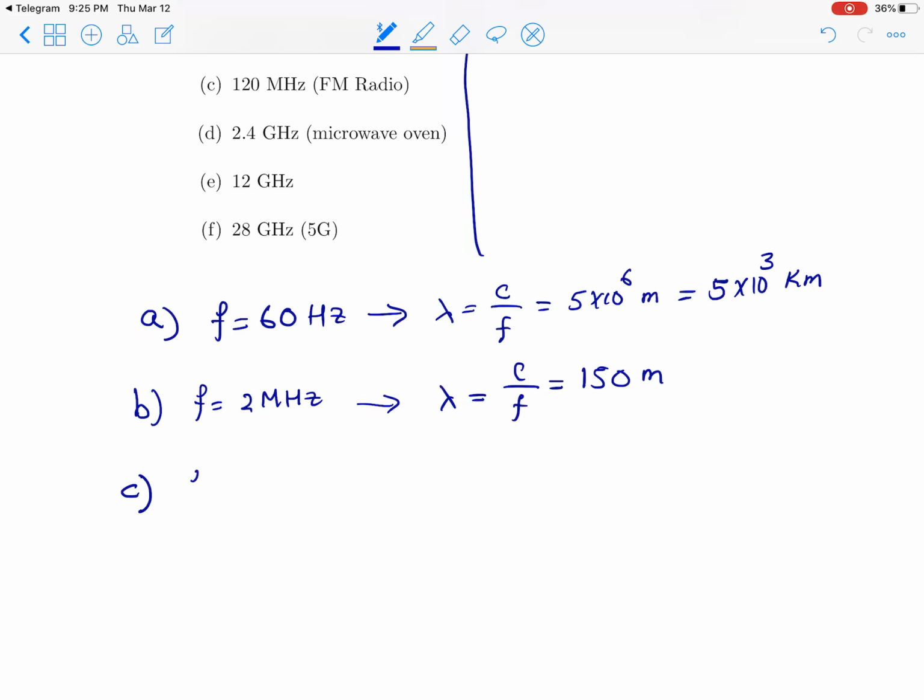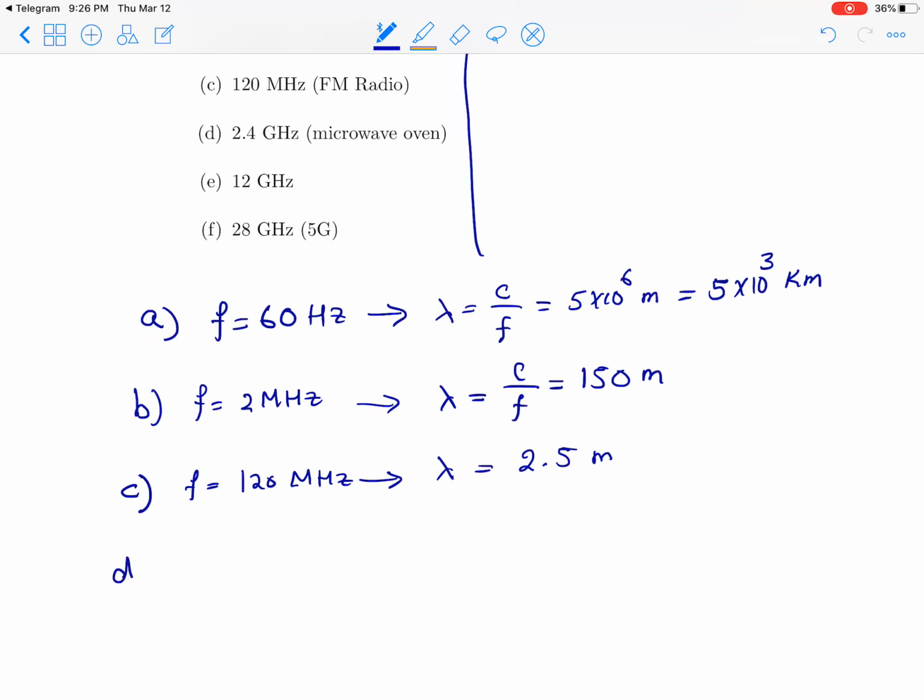The third one is f equals 120 megahertz, which is around the frequencies of FM radio. So the wavelength is 2.5 meters.